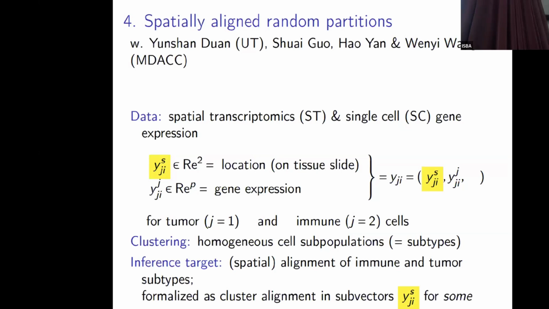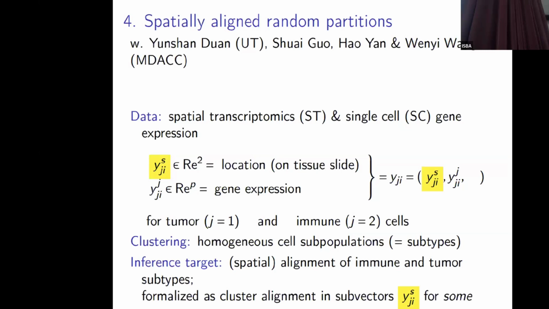We find it useful to introduce an additional superscript to separate tumor gene expression features and immune cell gene expression features, for the simple reason, there's no reason why one should have anything in common with the other. For a tumor cell, we would only have Y_gi for g equal 1. For an immune cell, we would only see Y_gi for g equal 2.